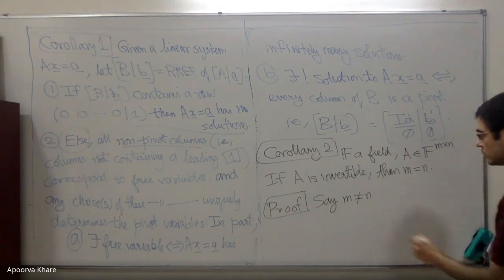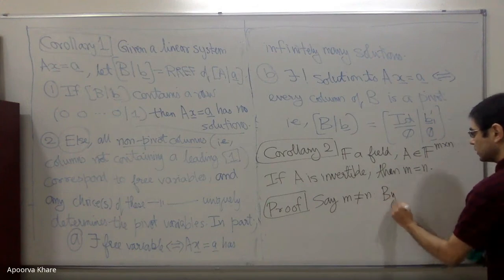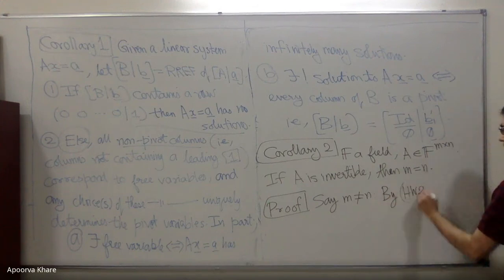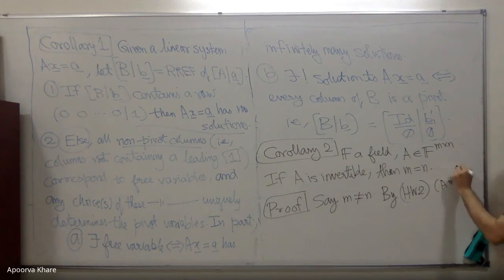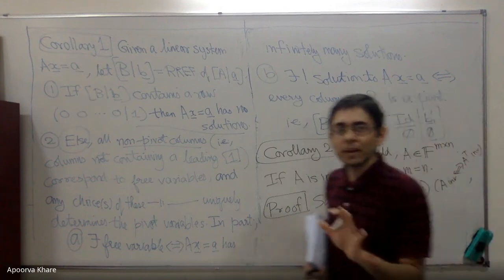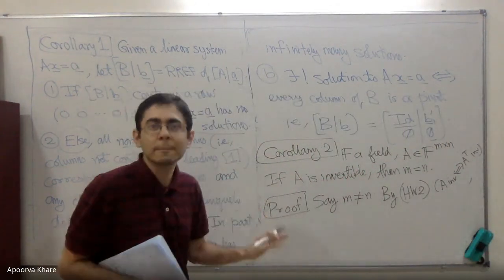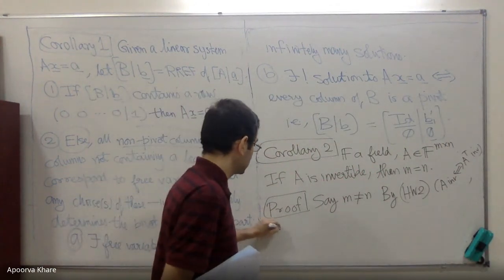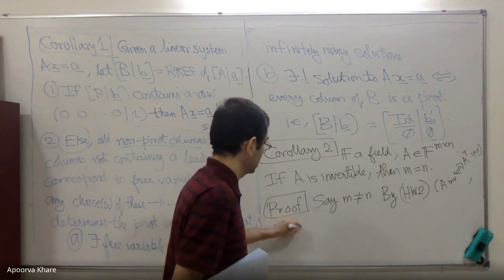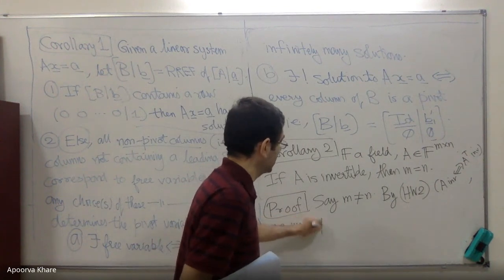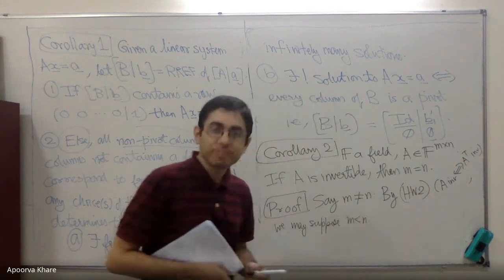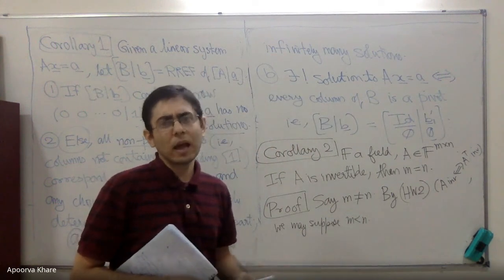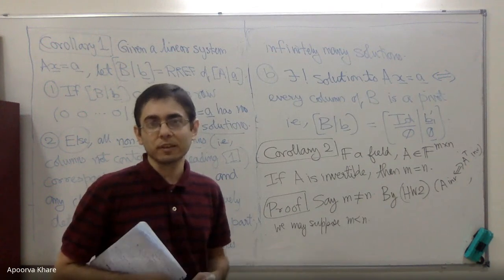So by homework 2, A is invertible if and only if A transpose is invertible. You can replace A by A transpose if you want, but make sure that M is less than N. We may suppose M is less than N, because if A is 5 by 3, then I have a matrix A transpose which is 3 by 5.